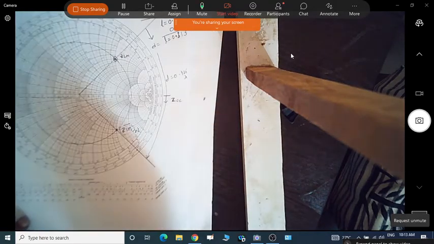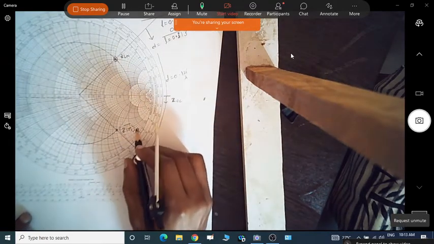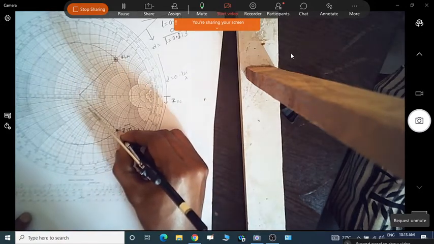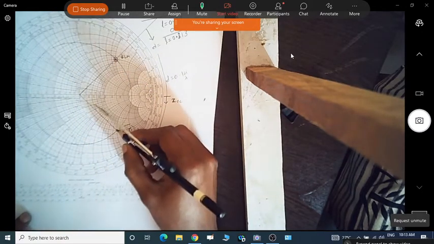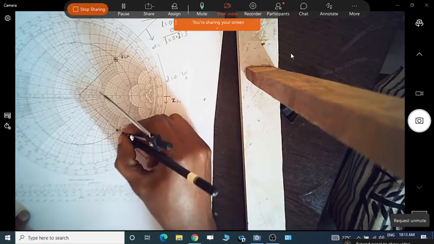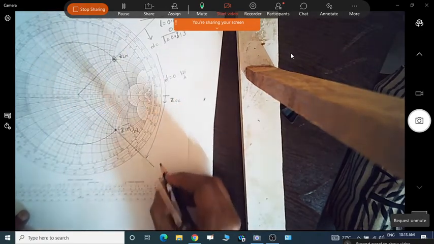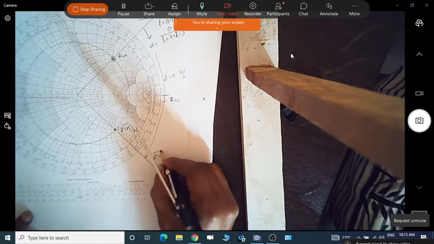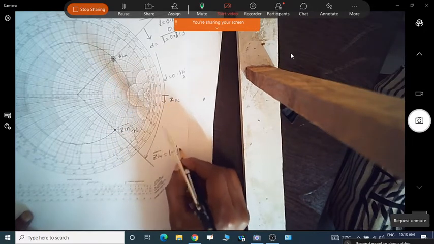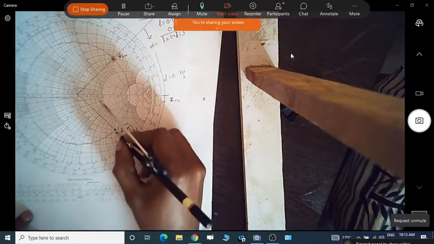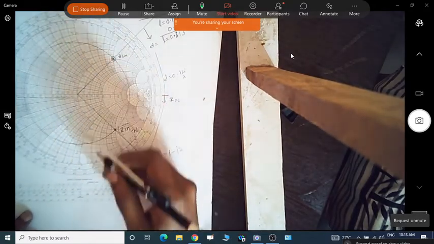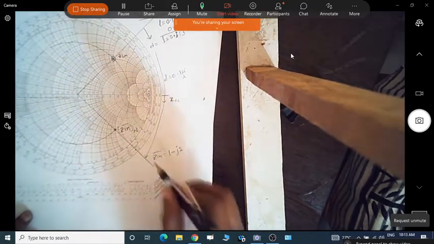So this is the Z in normalized. Now we can read that. The reactance is 2, and the resistance part is 1, so Z in normalized is equal to 1 minus j2, because here it is in the lower part, so the reactance will be negative.